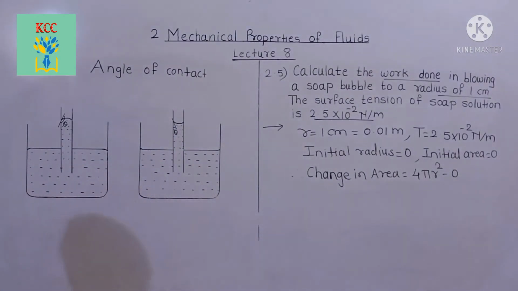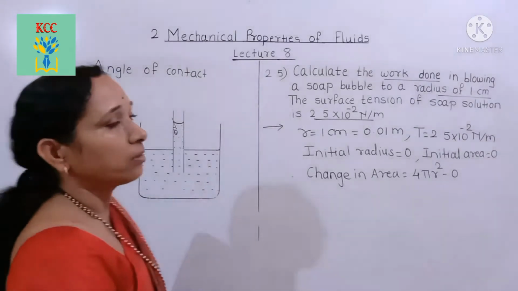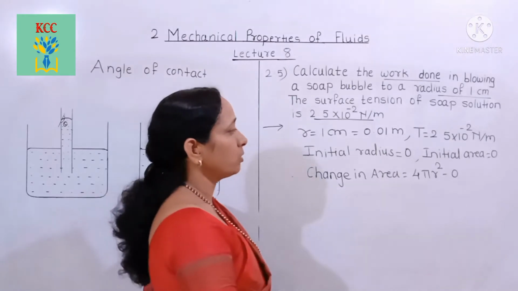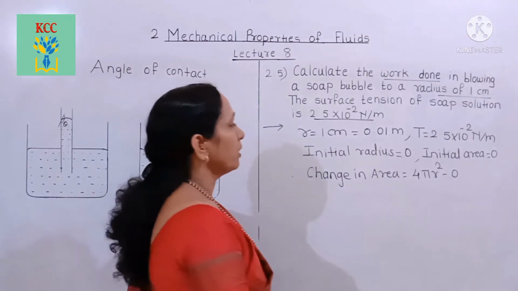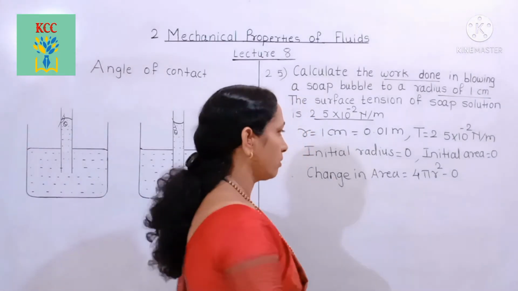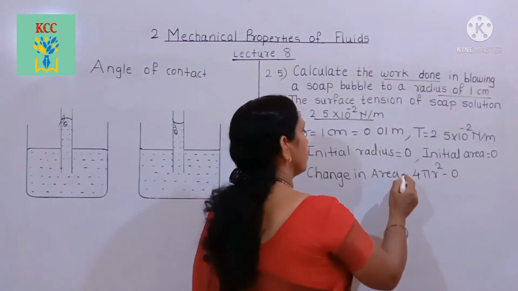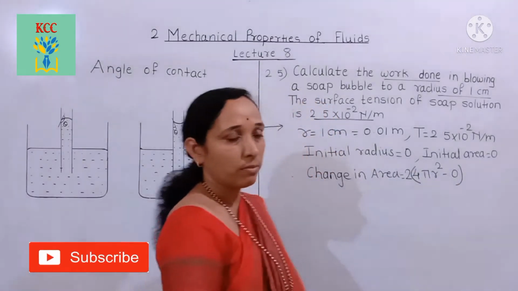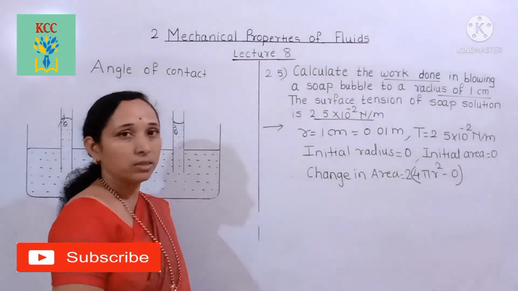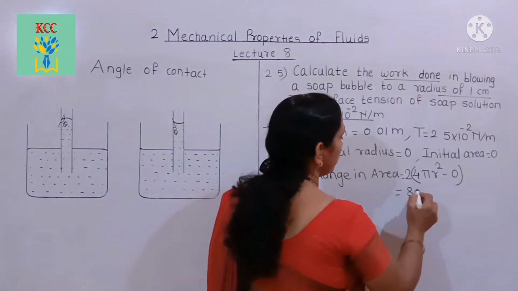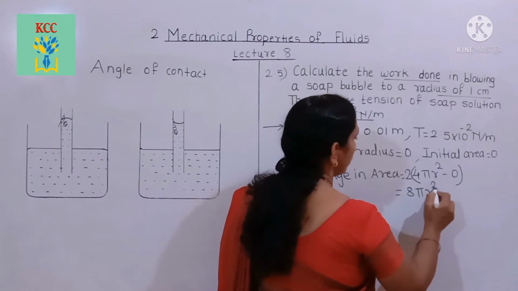This is the change in area. And soap bubble has two surfaces. Therefore we take here 2 into 4 pi r square. This is equal to 2 times 4 pi r square minus 0 because it has two surfaces. Then it is equal to 8 pi r square.